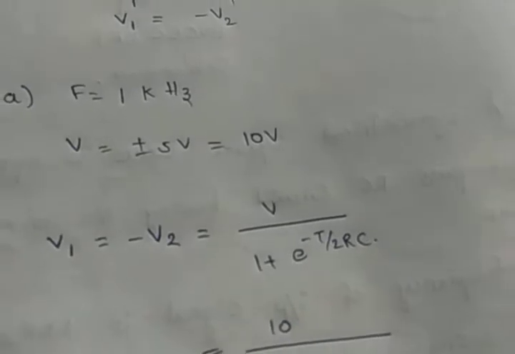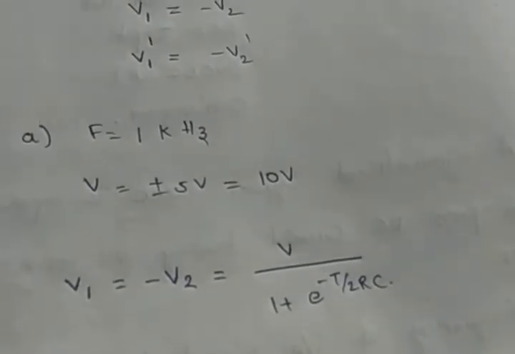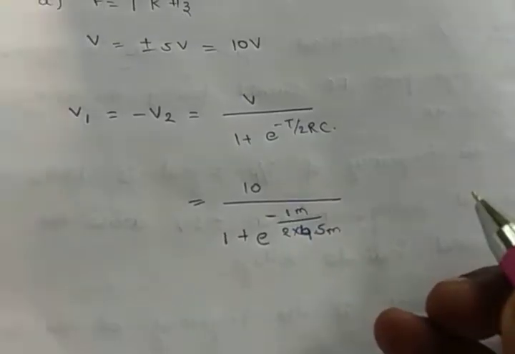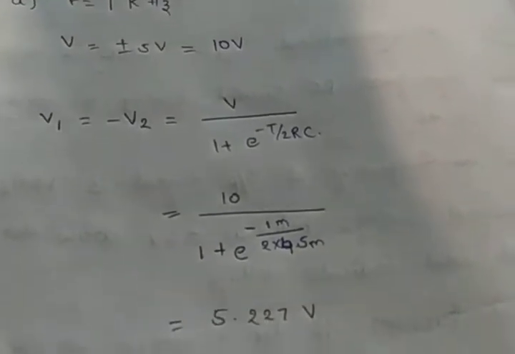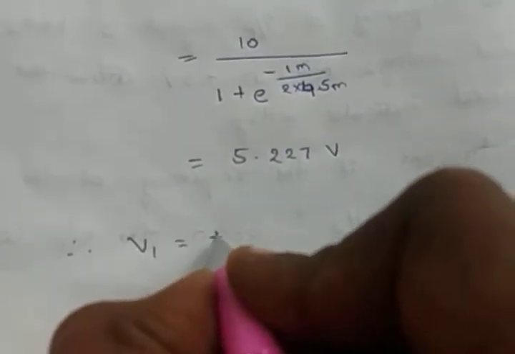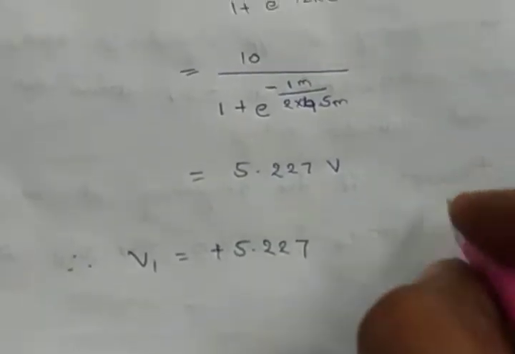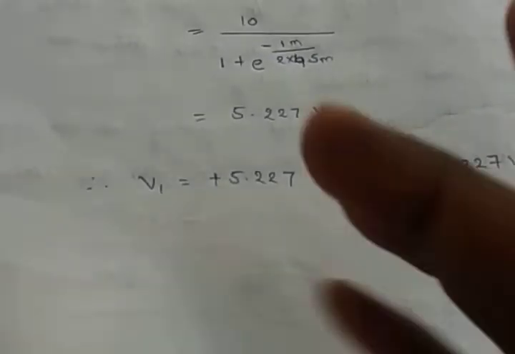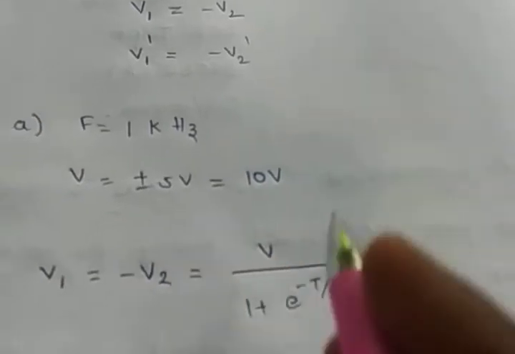So V is 10 divided by 1 plus e power minus 1 divided by 2 into 4.5 milli. If we calculate it, we get 5.227 volts. Therefore V1 equal to plus 5.227 volts and V2 equal to minus 5.227 volts.